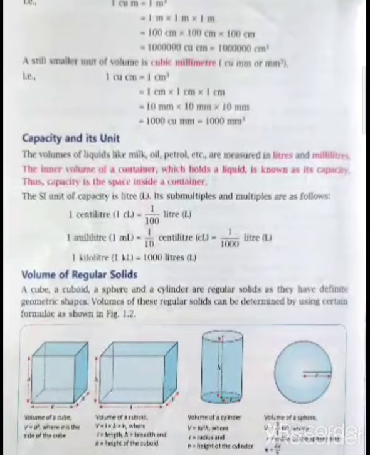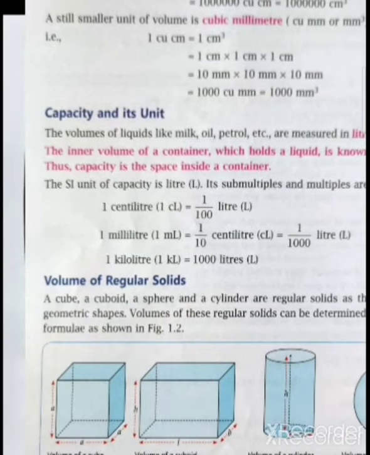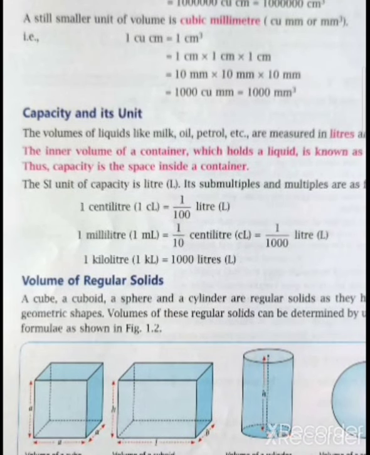As we know, the volume of a cube is side cube. If the side of the cube is a, then its formula will be V is equal to a cube, where a is the side of the cube.